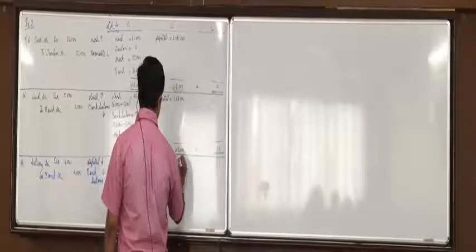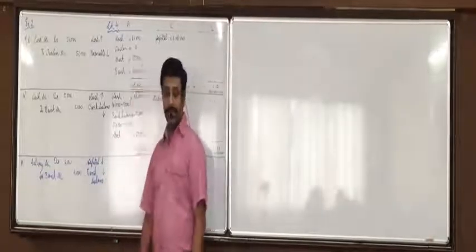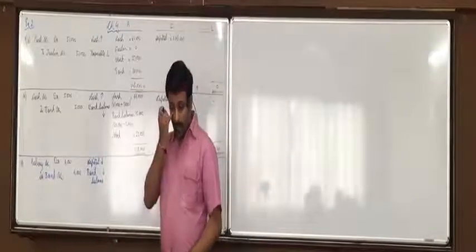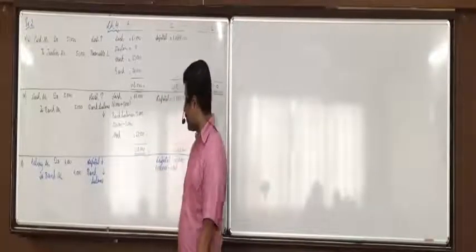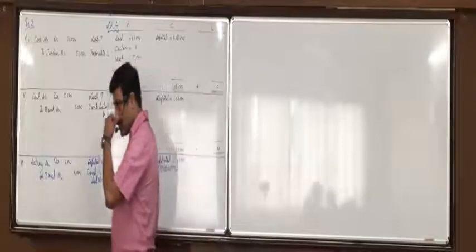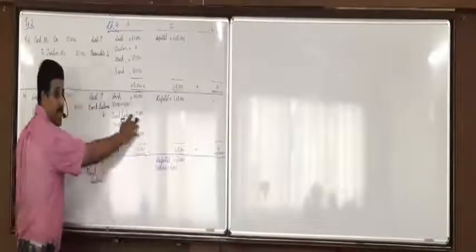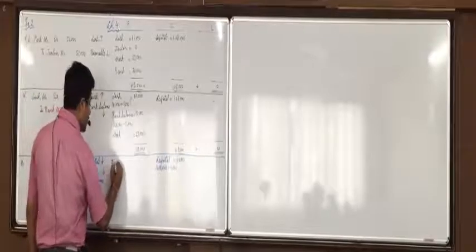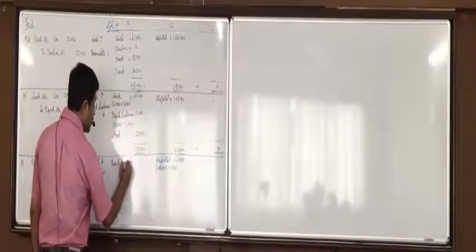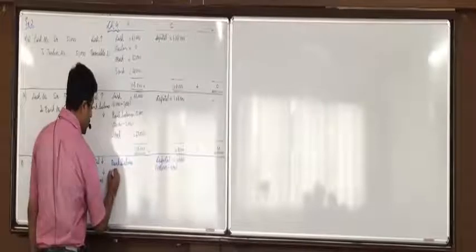Are you all clear with this? And Bhavya, how much bank balance we will write? Earlier we had 15,000. It will decrease by 4,000. So bank balance will become 15,000 minus 4,000, 11,000.